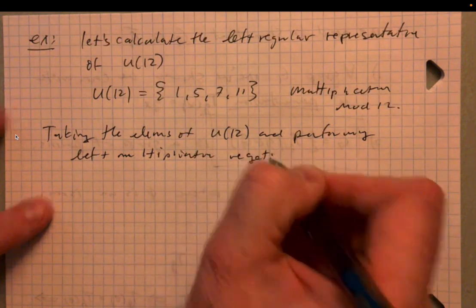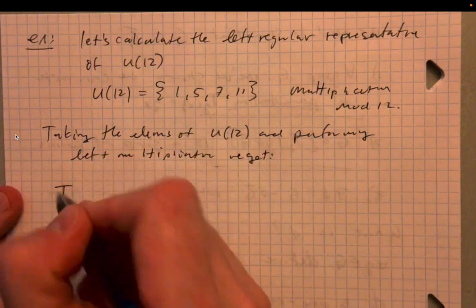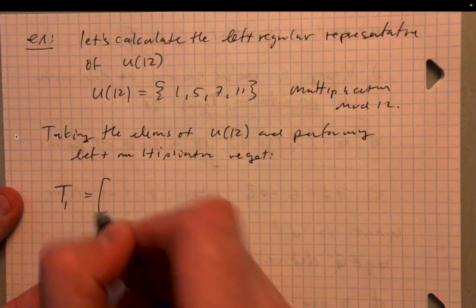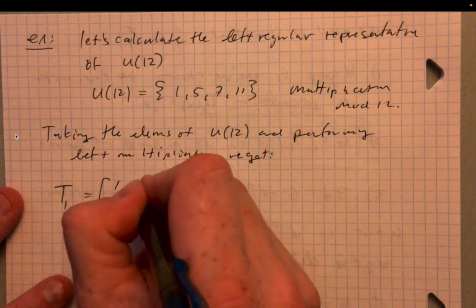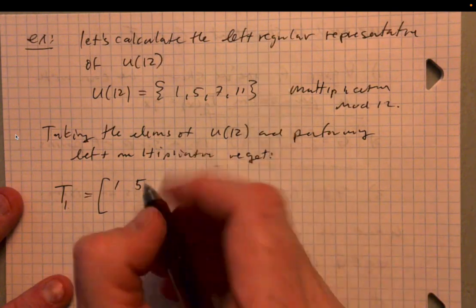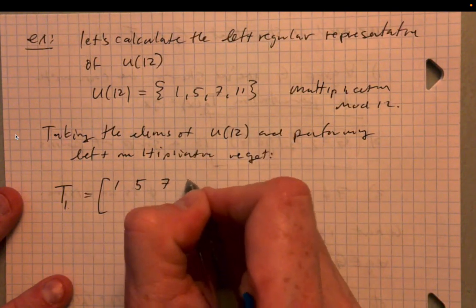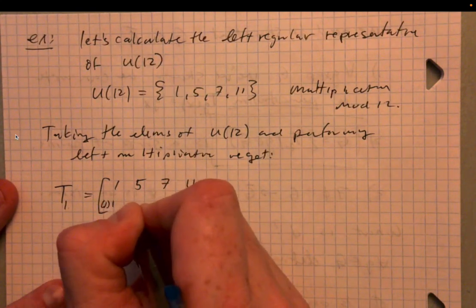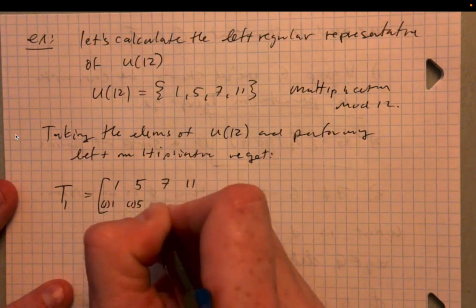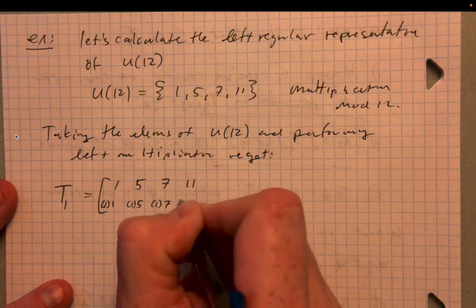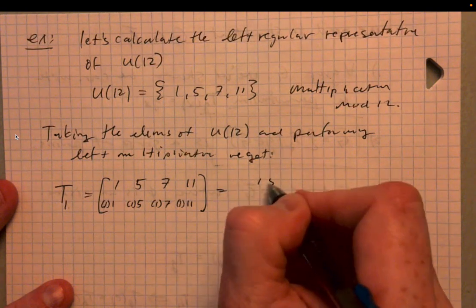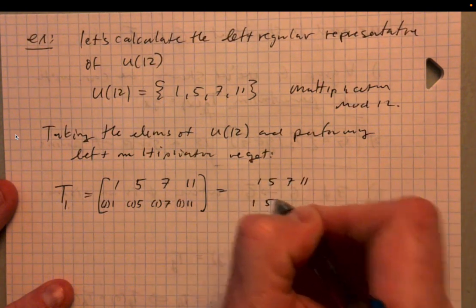We get the following. T1, where 1 is an element of U12. These are permutations, remember, so I'm going to represent them in the array notation: 1, 5, 7, 11 on top, and below it 1 times 1, 1 times 5, 1 times 7, and 1 times 11. Obviously, this is the same as 1, 5, 7, 11. Nothing changes there.